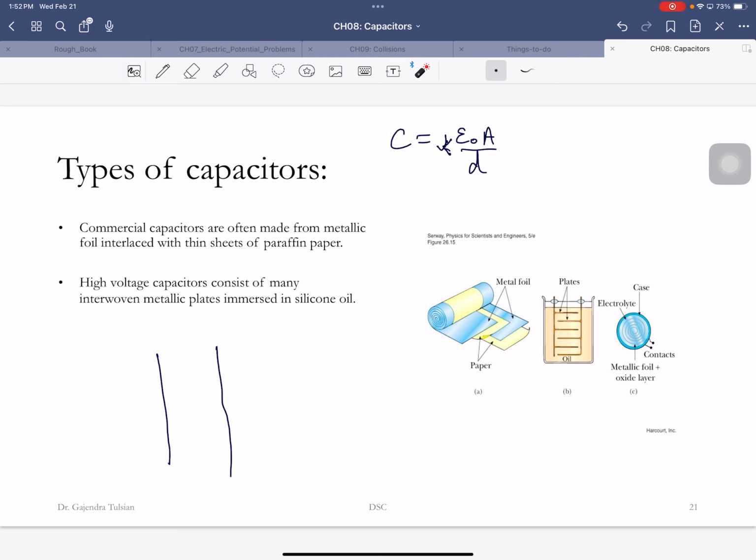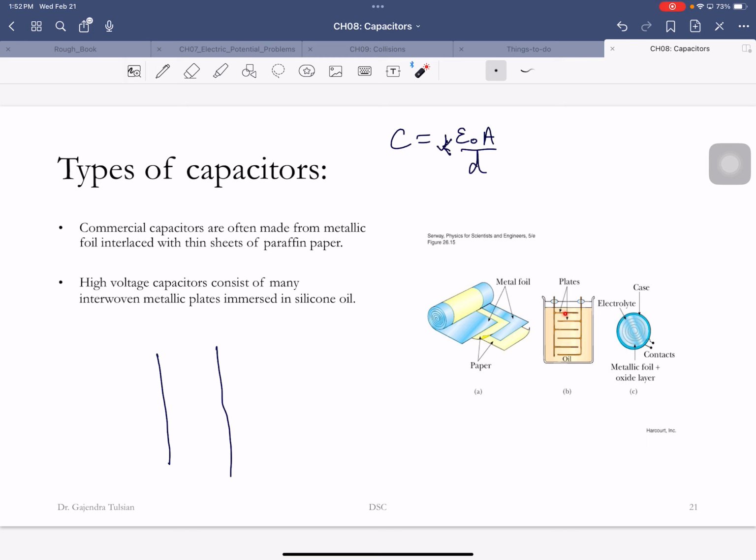So here's a practical way to make large capacitance. You take a metal sheet, put a piece of paper between them, and roll them up. This is a compact way of making a large capacitance. Here's another way.